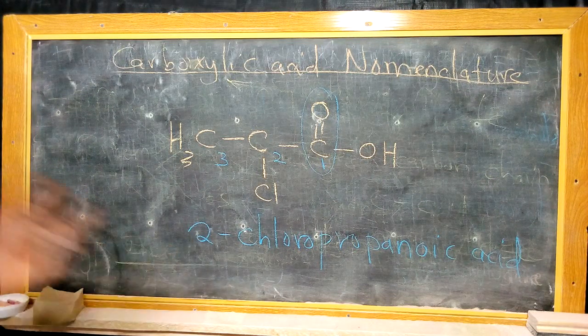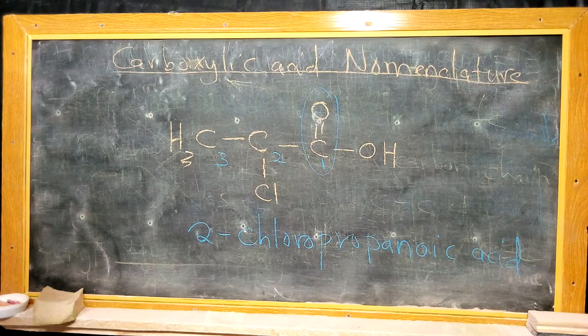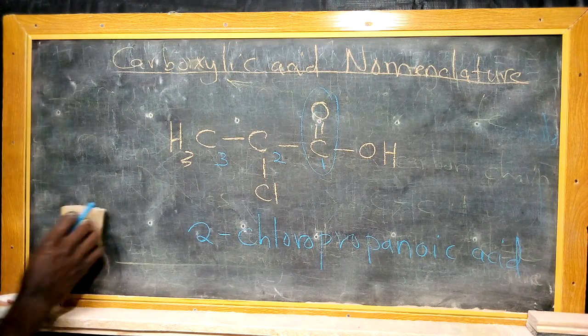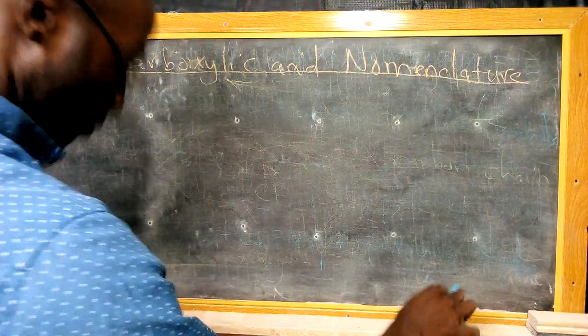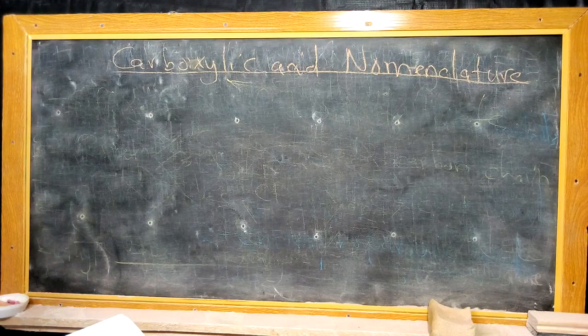Of course, some of these compounds have common names, and as we said, some of the common names are used, but we shall reserve that for another discussion. So let's look at another example of the carboxylic acid. In this case, we are going to see that there are some cyclic compounds that may be either aromatic or just cyclic or aliphatic, and we are also going to see how they are named.